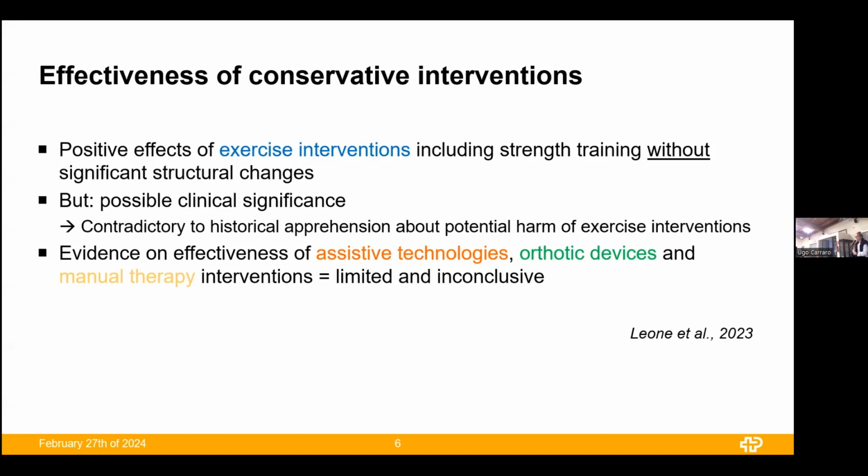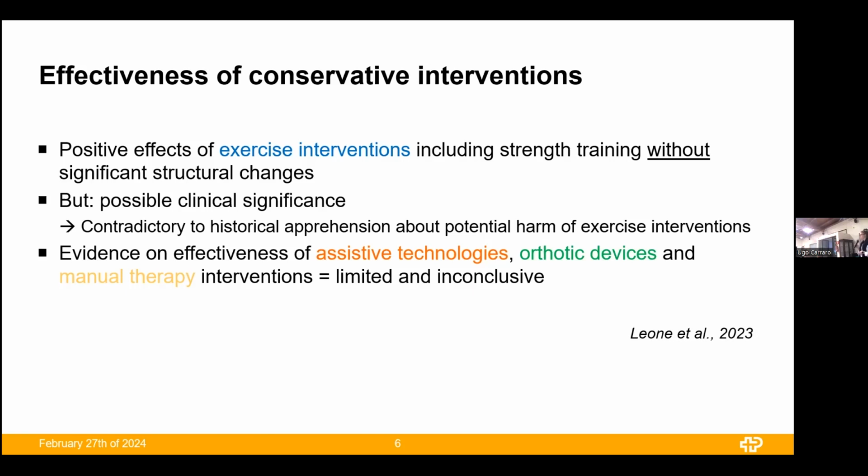People reported an improvement in quality of life, which I think is important because even though we don't see the structural changes, people can take profit of it because they have an improvement in their quality of life. So it's of clinical importance.